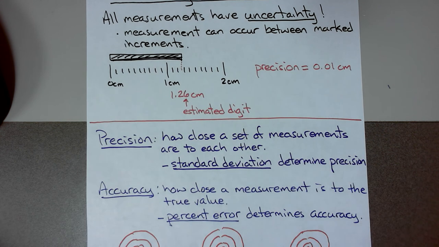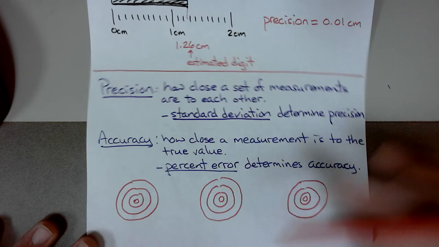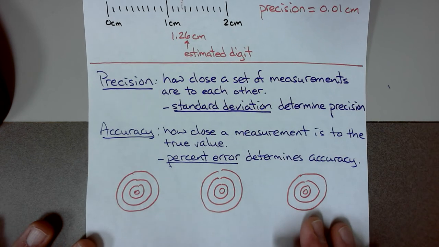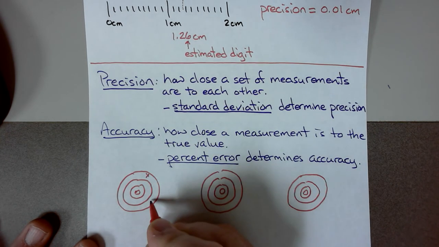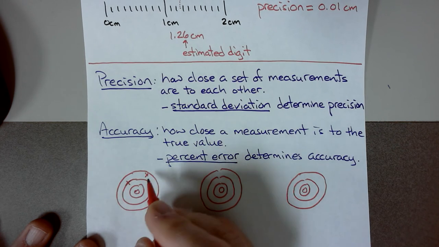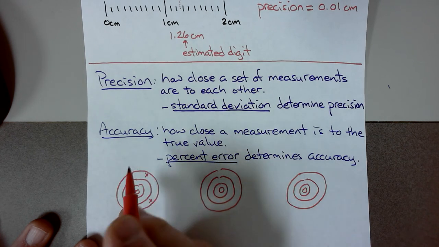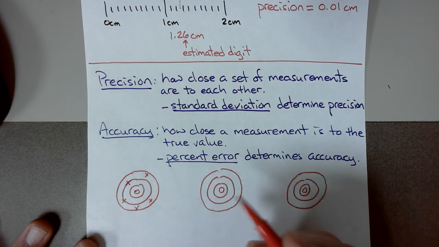Okay, so now with those 3 targets, if I use a gun or a bow and arrow and hit these targets, and let's say we happen to hit this target in these places, and let's put in 5 shots. So we took 5 shots for that target.